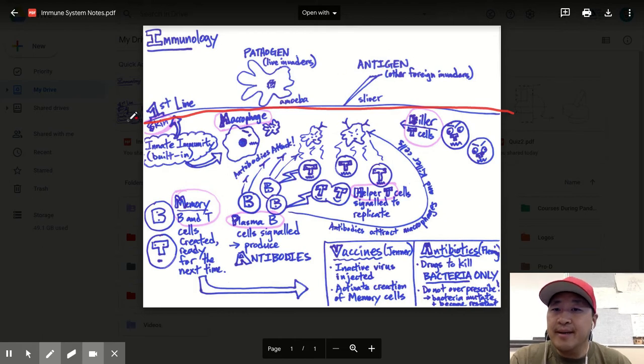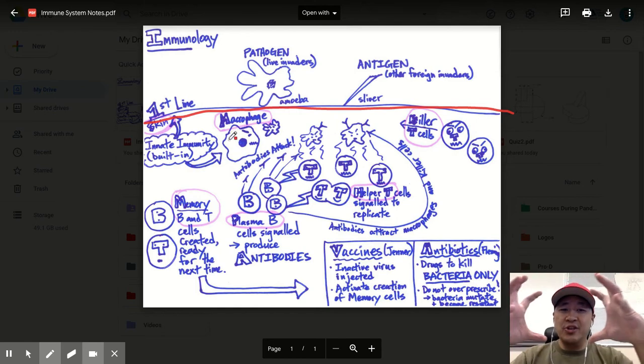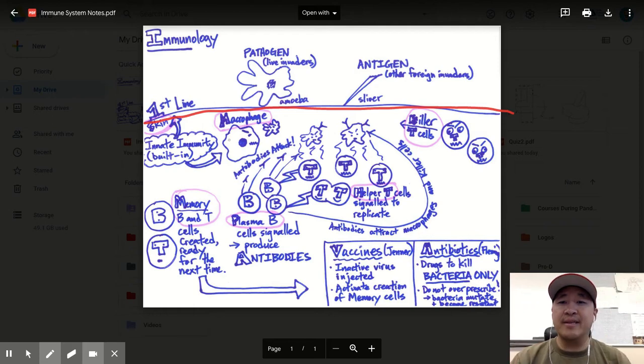All right. So once you're past the first line of defense, which is your skin, what your body has all over the place are these macrophages. These are huge, gigantic white blood cells, and they are also called guard cells because they're always on duty, always there.